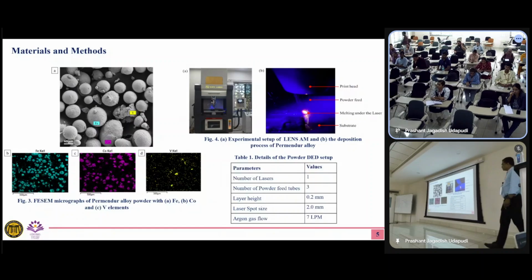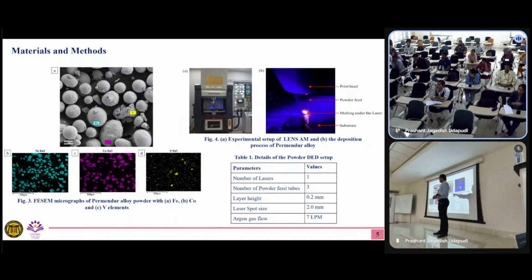So that's where we took that material, which is called permendur. It's an alloy of iron, cobalt, and vanadium. So we took iron, cobalt, vanadium powder, mixed it together. This was done right here in the LENS system.